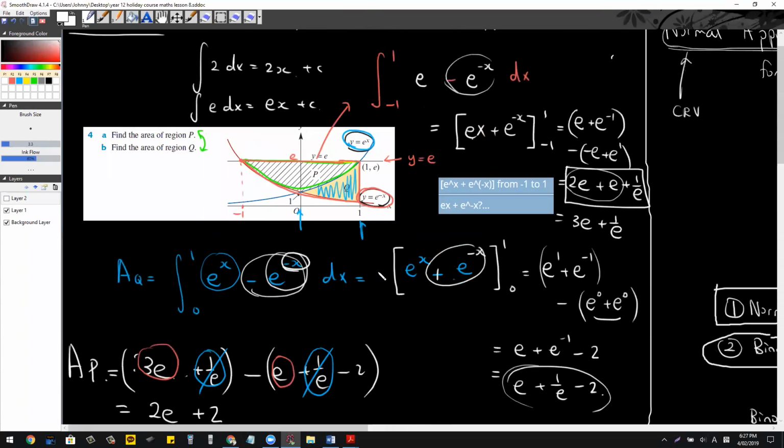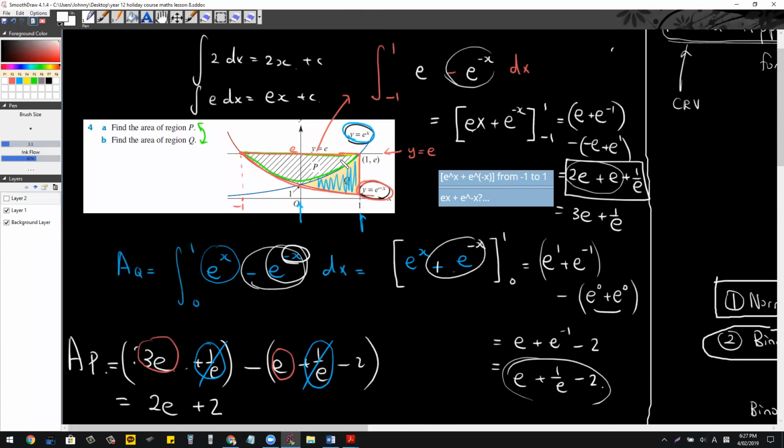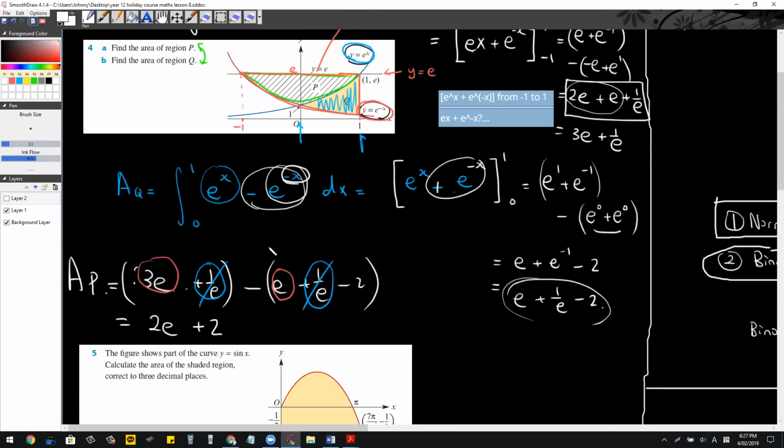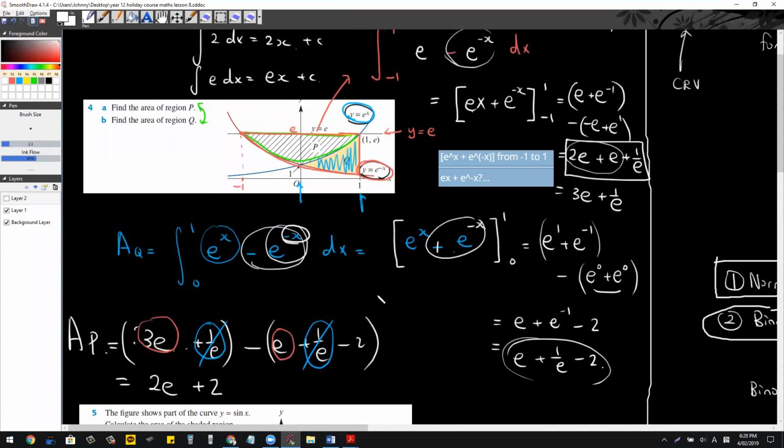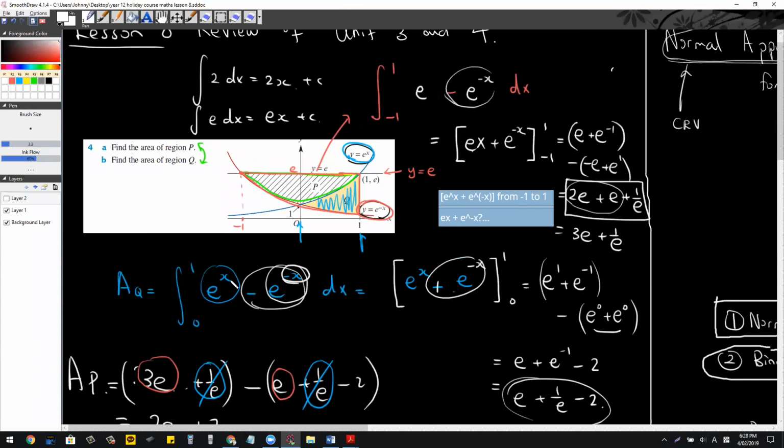So let's see. I'm going to double check everything here. So we found the AP area here as 2. So this 2e didn't really cancel out, right? Let me just double check. That's 2 there, 1 over e.